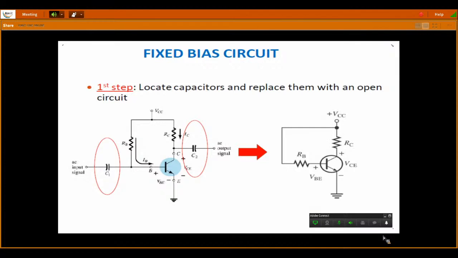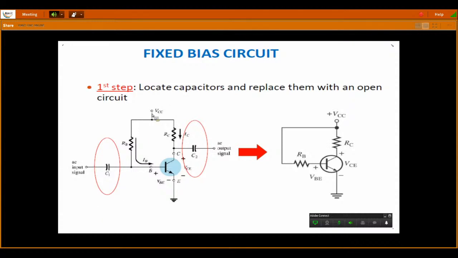First one is your fixed biasing. In this fixed biasing circuit, we connect one VCC with a large resistance which we have treated as RB. This base resistance RB, which is connected to the base of your transistor, must be very high.